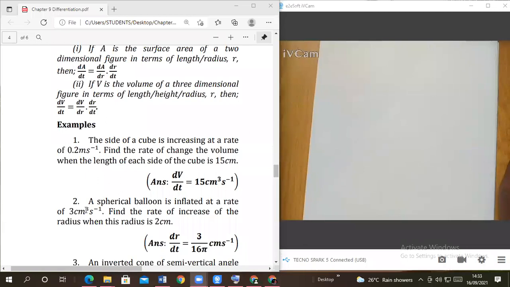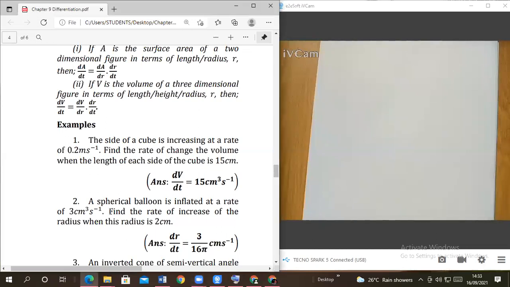And if the power is 1, then that means the length. Is that clear? Length or radius. So you look at the unit given in the rate: if it is a cube, that is volume; if it is a square, that is area; and the power 1 means length, radius or height.